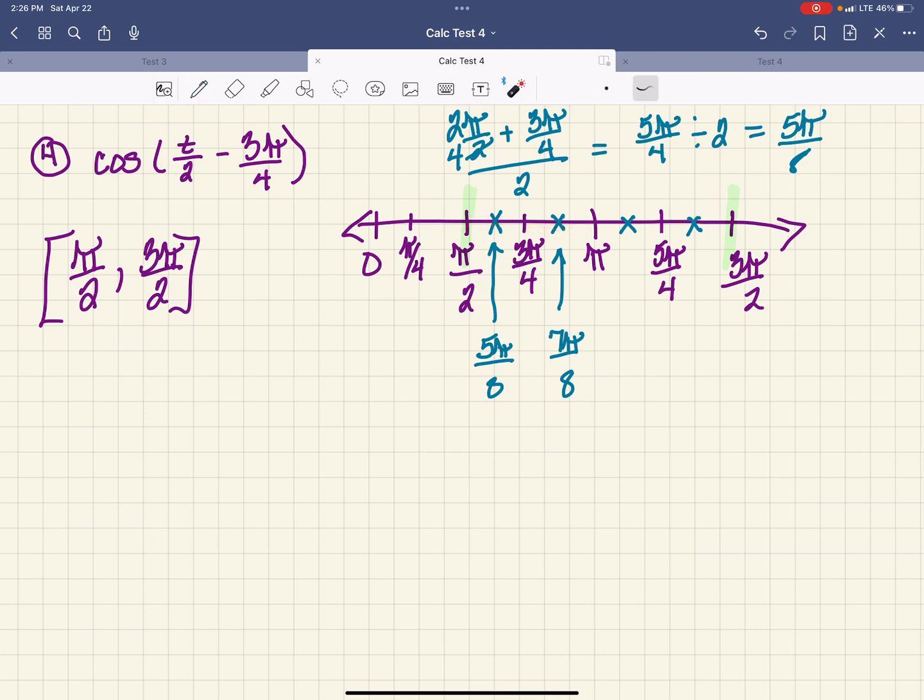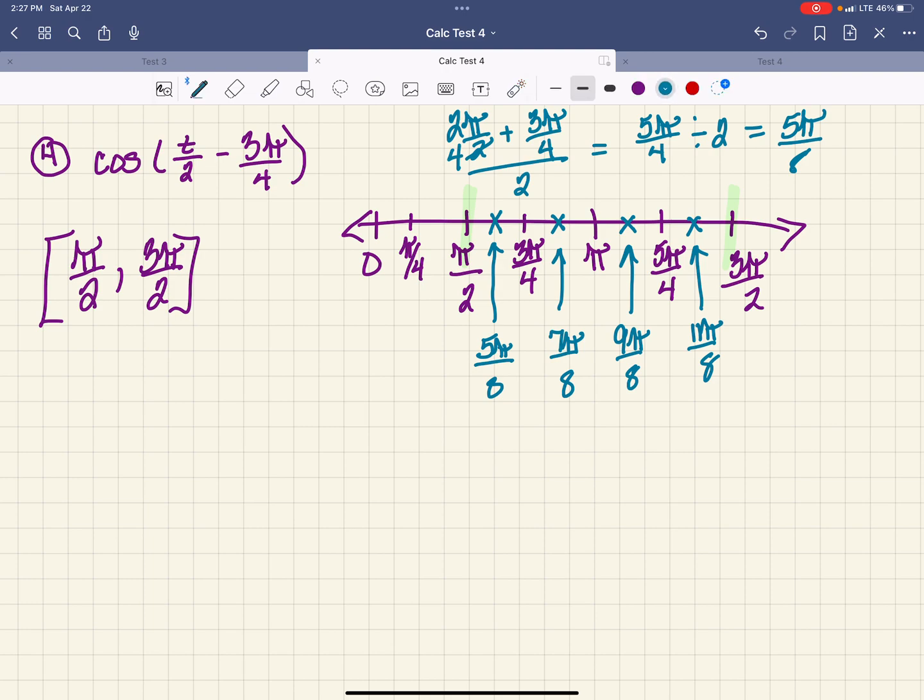If this is 7 pi over 8, this is 8 pi over 8, so the midpoint of the next subinterval is 9 pi over 8. Here we would have 10 pi over 8, then 11 pi over 8, and the end of our interval would be 12 pi over 8.